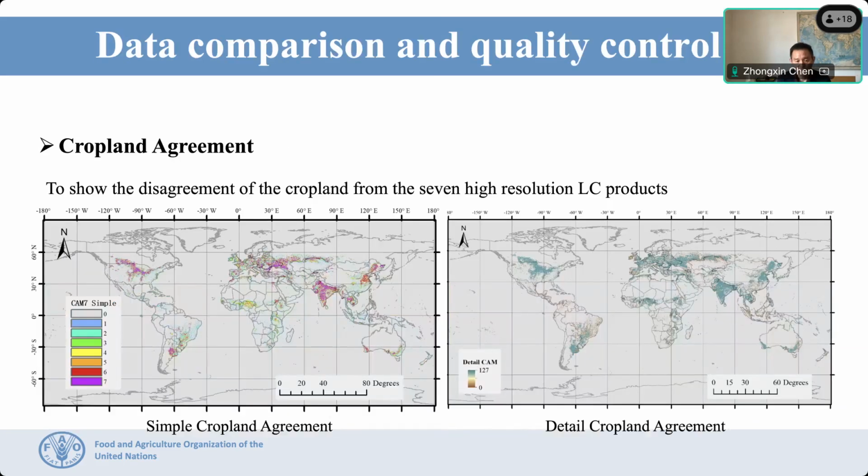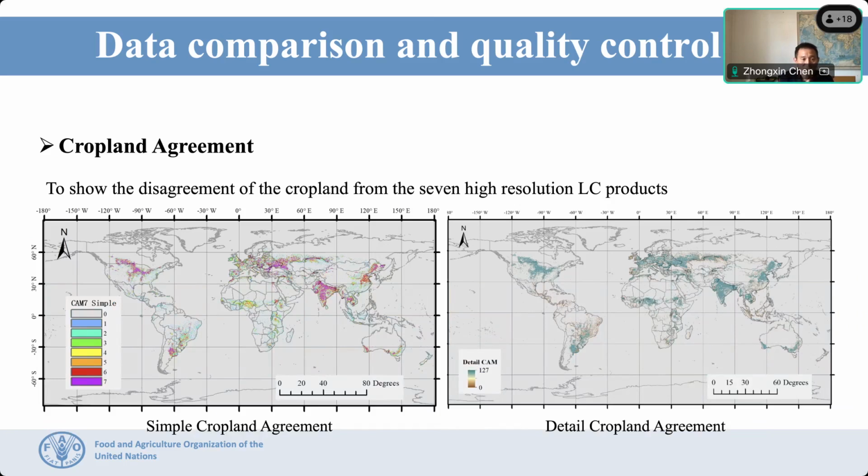On the left, the result shows the simple cropland agreement method. The purple color means all these 7 products assign that pixel as cropland.